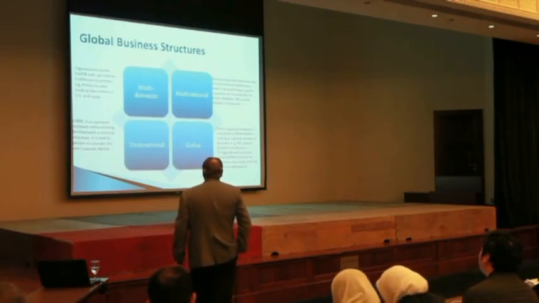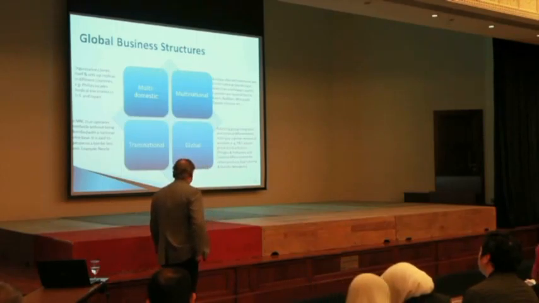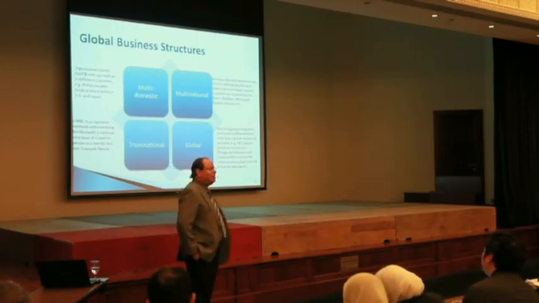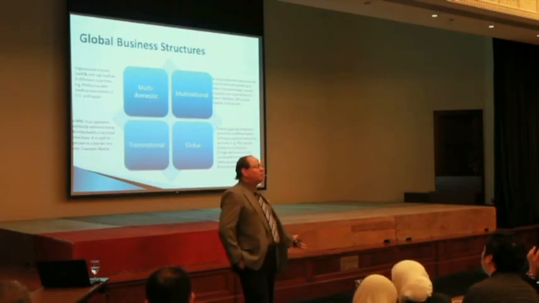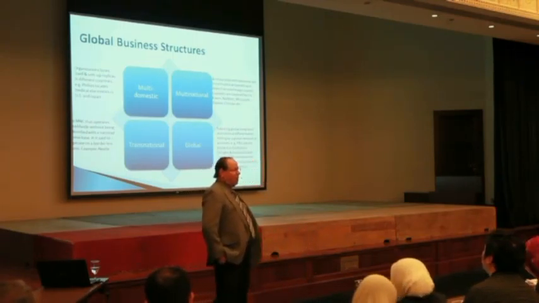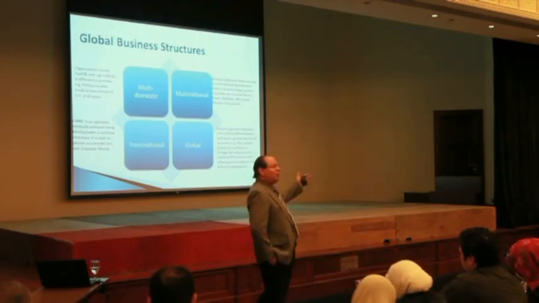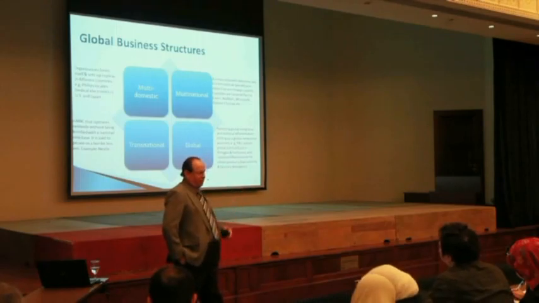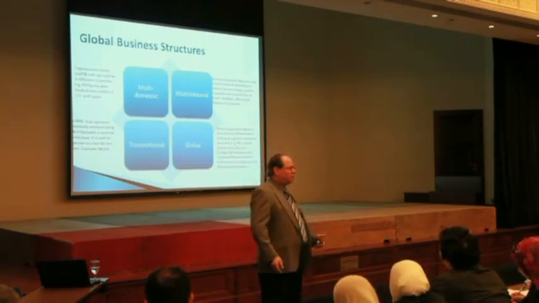So transnational is a multinational that operates worldwide without being identified with a national home base. The example is Nestle. If you think of Microsoft, you equate them with their home base in Redmond, Washington. If you think of General Motors, you think of them as being located in Detroit, Michigan. But where's the home base for Nestle? Nestle chocolates.